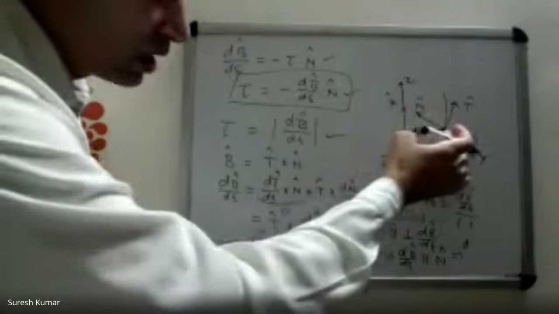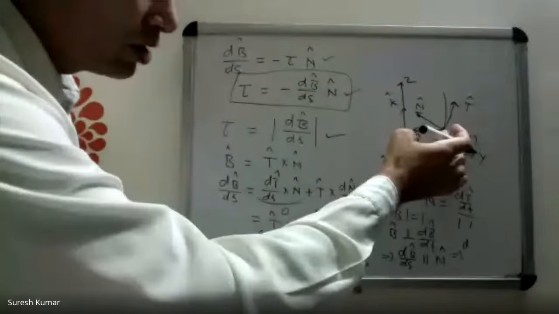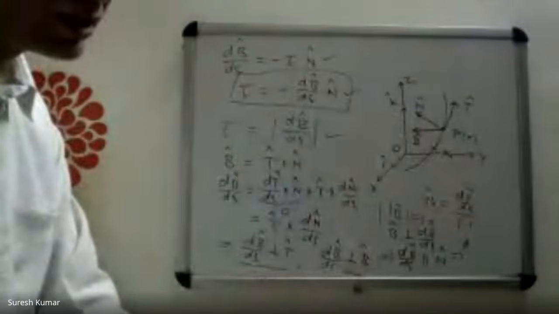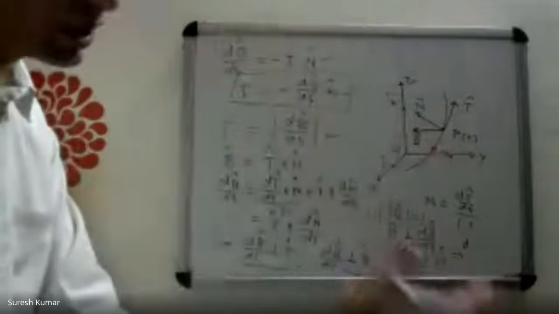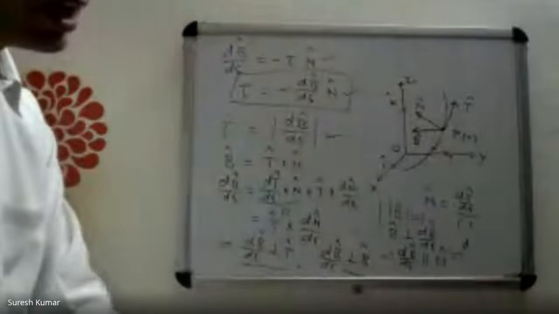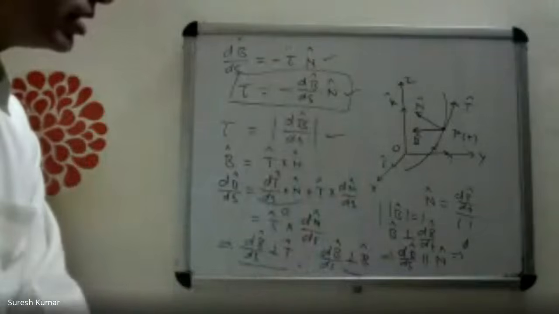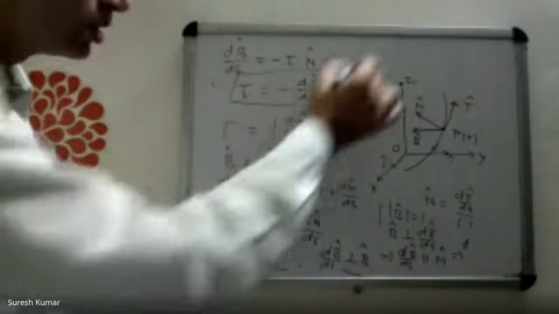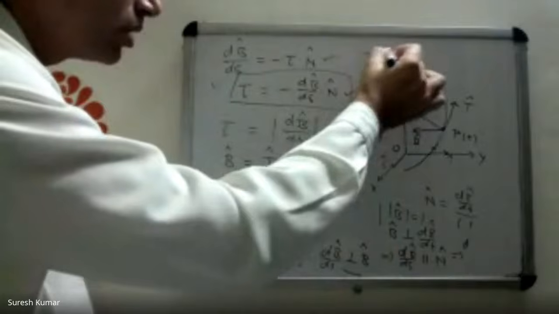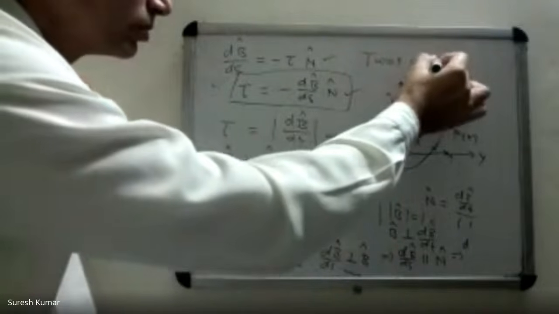So if your curve is leaving the osculating plane at point P, it means the curve is going out of the osculating plane at P. Either upper side or lower side, just it is leaving it. Means the path is not in a single plane. It is leaving the plane, either up the plane or down the plane. So how much it is leaving the osculating plane, that is given by torsion. It is also called twist in the path or twist in the curve.